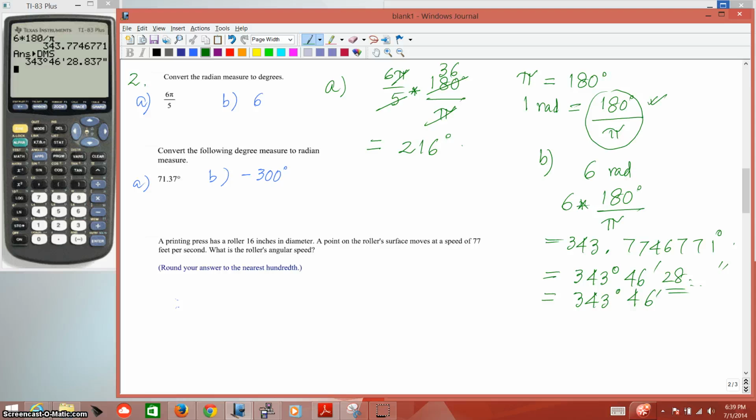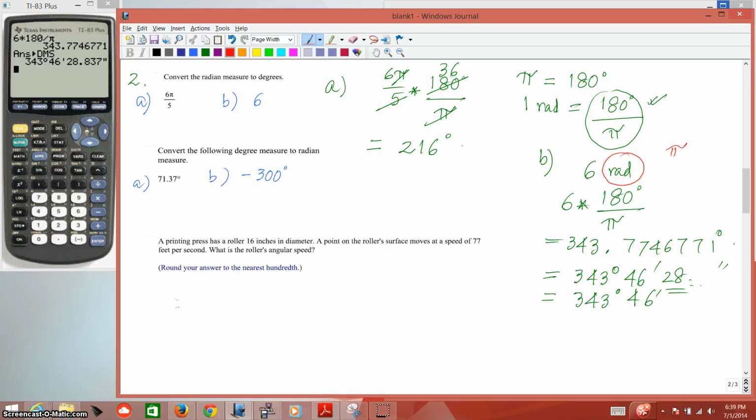A lot of times students have a misconception of radian as pi, but that is totally incorrect, because radian is the unit and pi is a specific value for that angle.